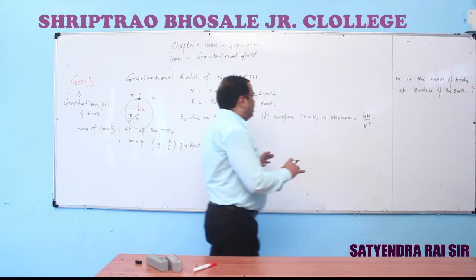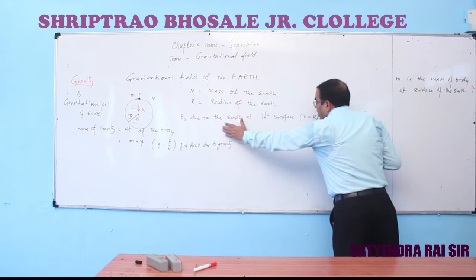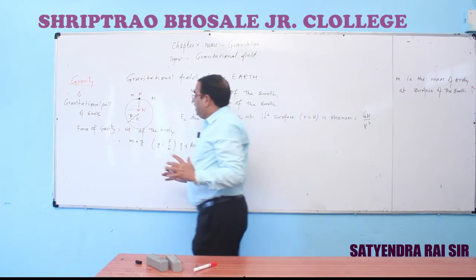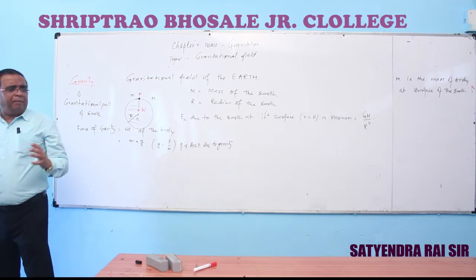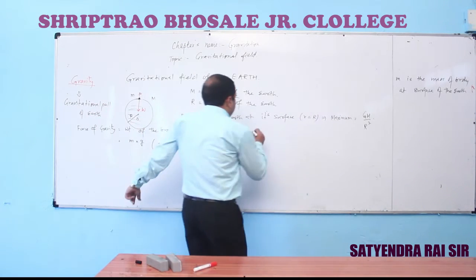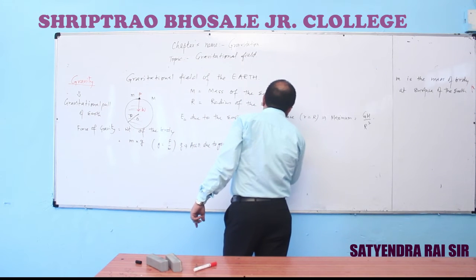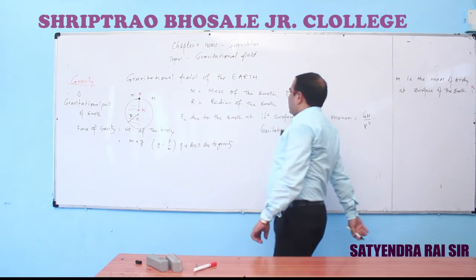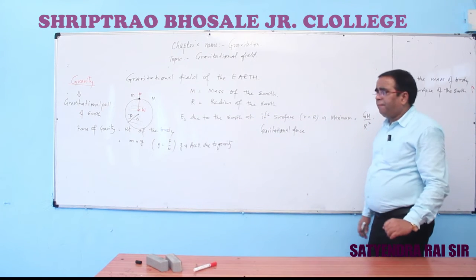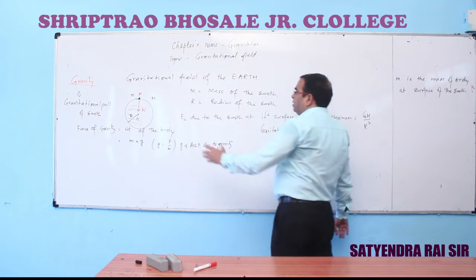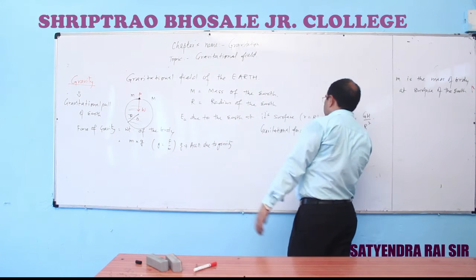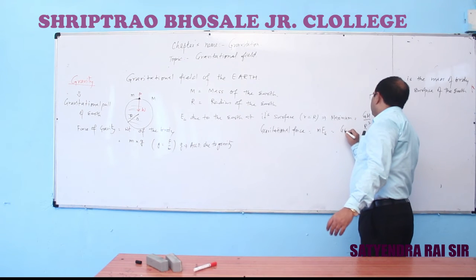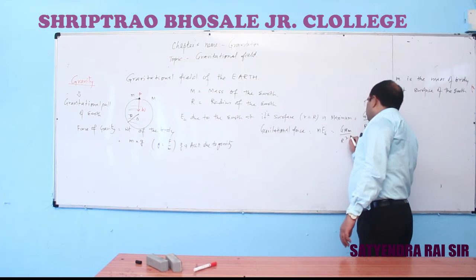Fine. Here the field is, come back to the next topic here again. Eg due to the earth at its surface is GM by R square. If the gravitational field at P is GM by capital R square, then the gravitational force experienced by the body of mass small m will be small m into Eg, and that will be G M small m by R square.